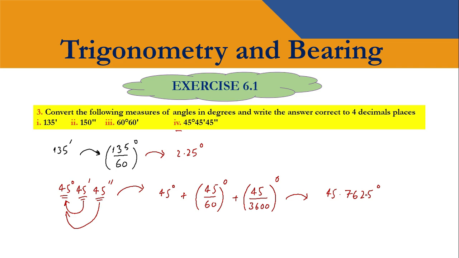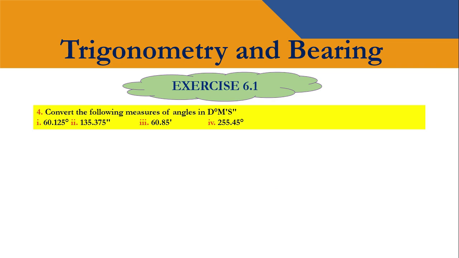Hope you understand this question. The fourth question is convert the following measures of angle into degree, minutes and the seconds. Now we will start with the first part, 60.125 degrees. In this question you can see there are the two parts. The first one is your integral part, and the second part is the decimal portion, the decimal part.